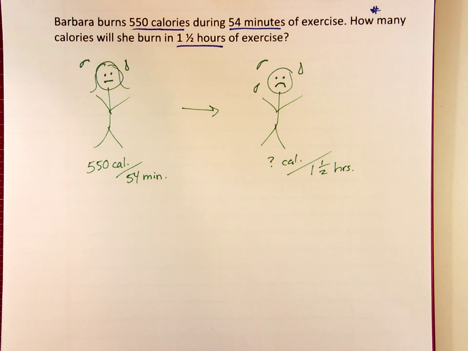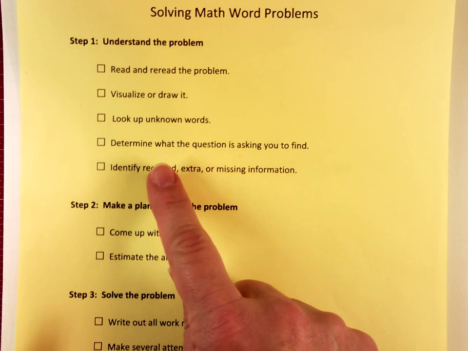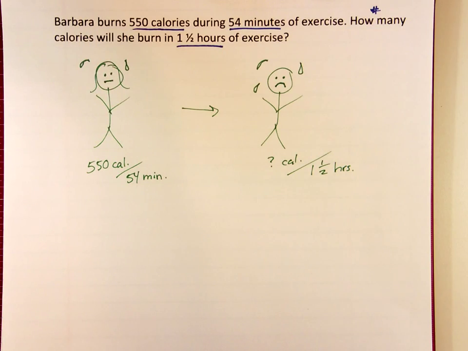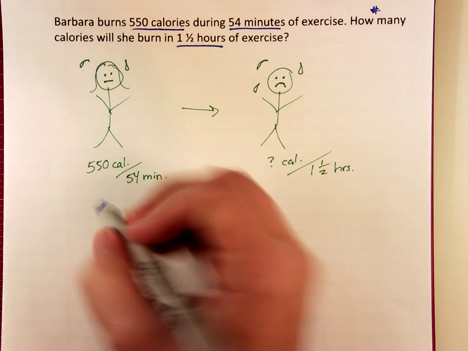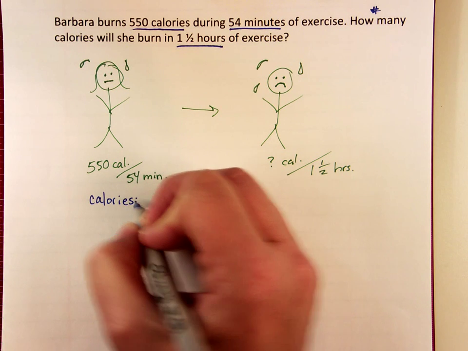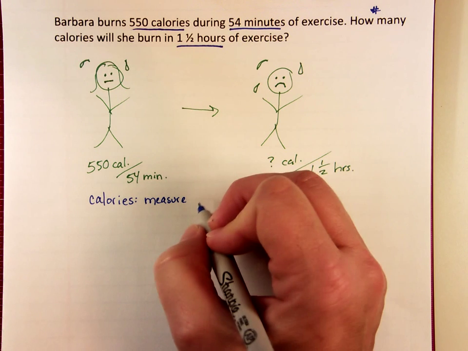Now, are there any unknown words? We have to look up unknown words, then determine what the question is asking us to find. I think you probably know what calories is, but if not, you could look that up. Calories, I am pretty sure, is a measure of energy, how you burn energy.